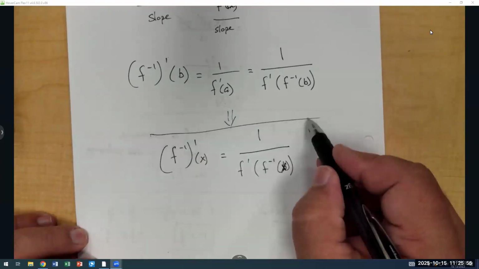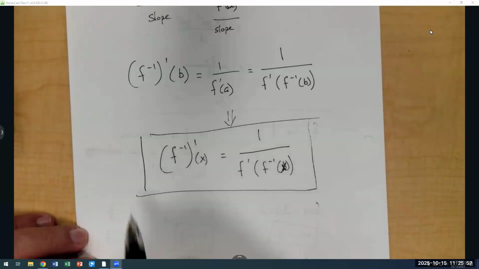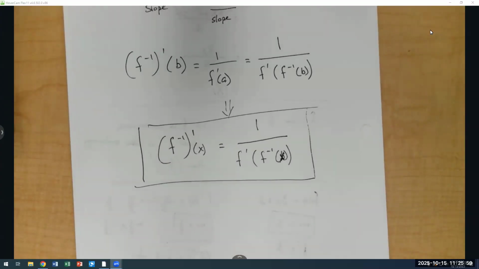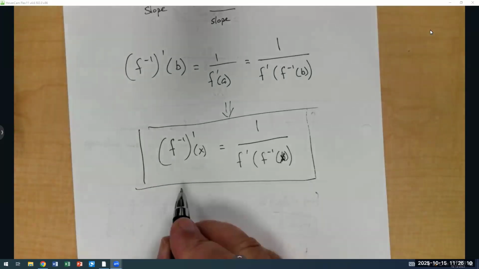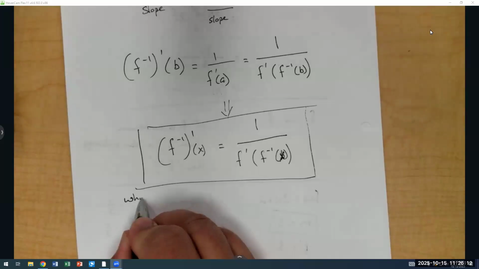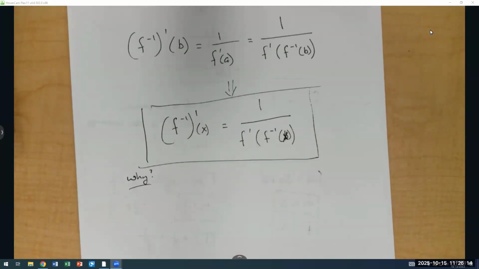This is the formula we'll be using from here on out. Looking at the proof here. Why?